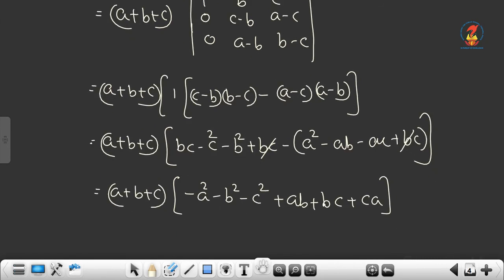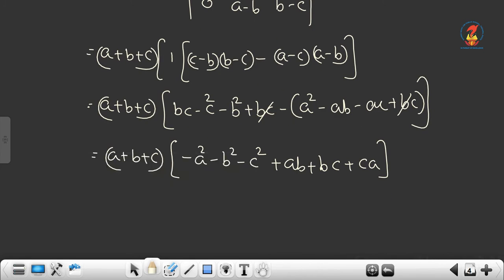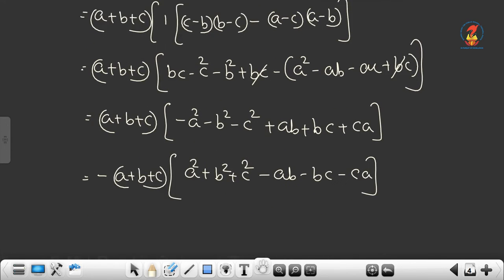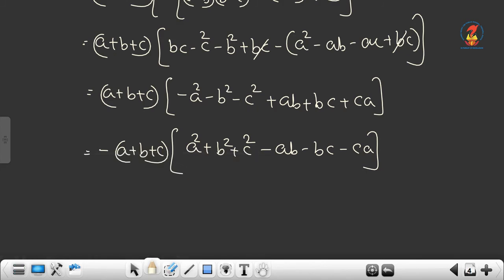Okay. Then as in the previous question, we take negative outside, then we write a square plus b square plus c square minus ab minus bc minus ca. Then we multiply and divide by 2.